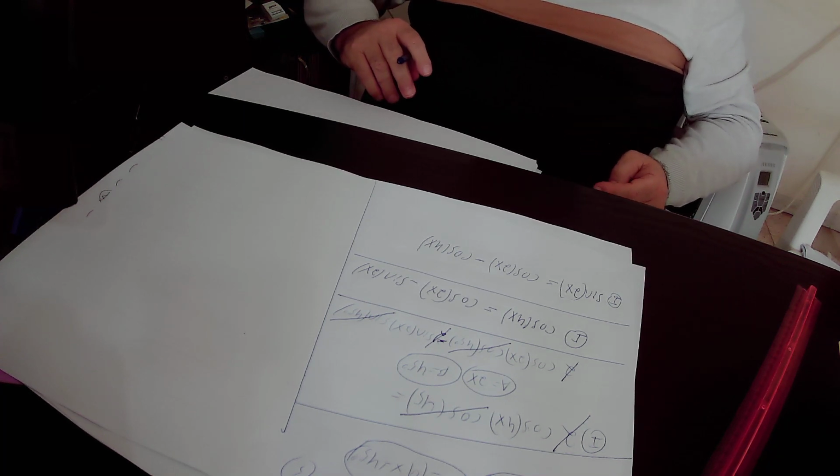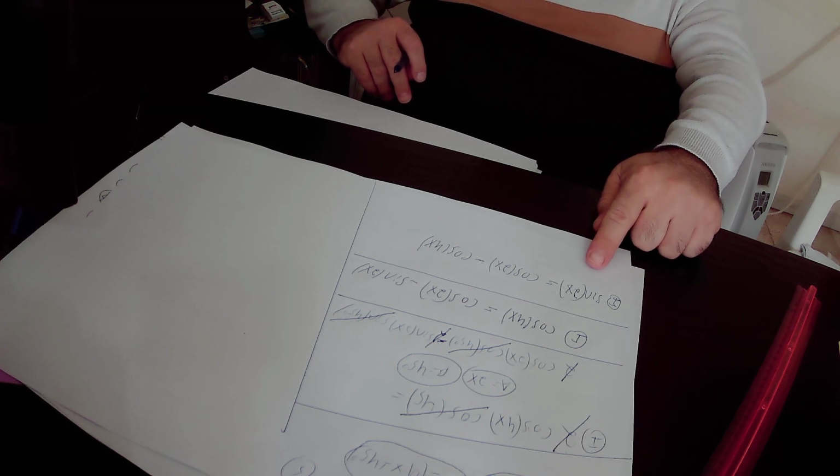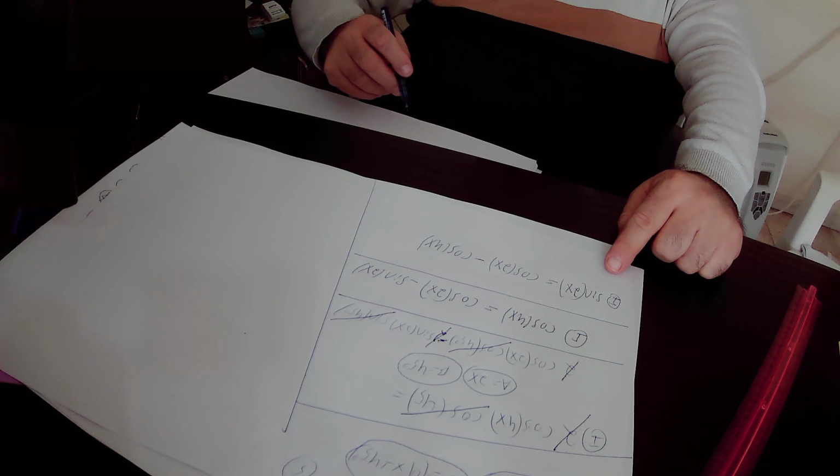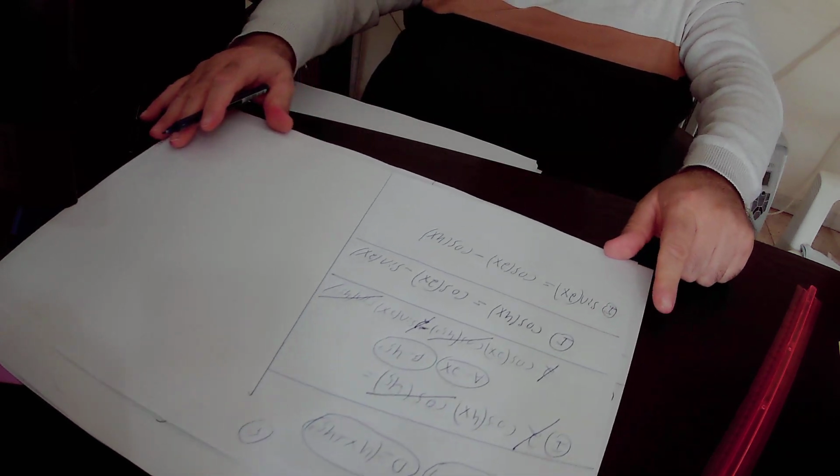And we know that sine 2x equals 2 sine x cosine x, so I'll write it down.